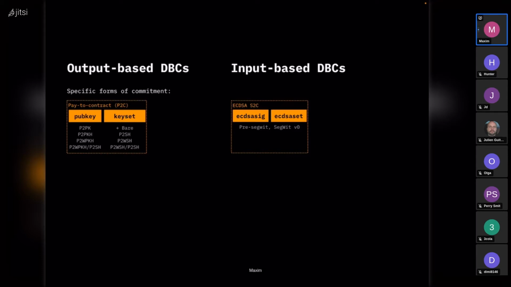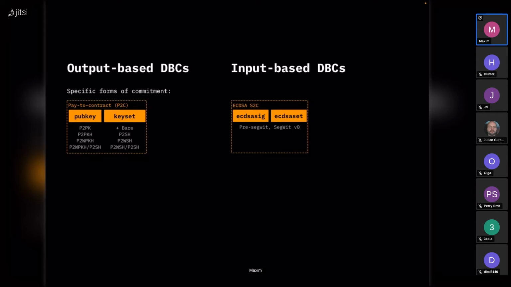Pay-to-contract, where we tweak the public key for pay-to-public-key, pay-to-public-key-hash, or pay-to-witness-public-key-hash outputs, or we tweak a set of keys present in the output script. It can be either bare script or pay-to-script-hash, pay-to-witness-script-hash script, it doesn't matter. So there are two main options for how we can tweak the output with pay-to-contract.